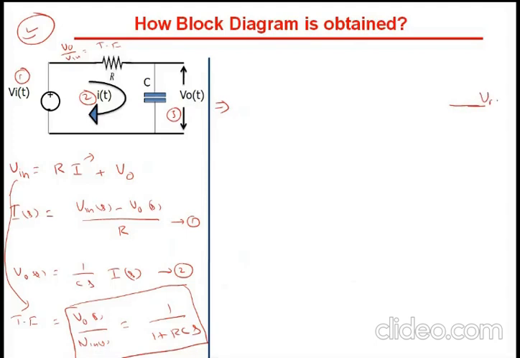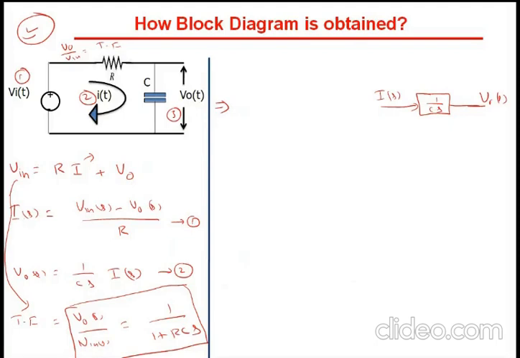If this is V naught of s, the output signal, and the input signal is I of s, what will be the value here? V naught is equal to 1 by Cs into I of s. Already I of s is there, so here you will get 1 by Cs. Now, to draw the block diagram for this equation 1, what is I of s?